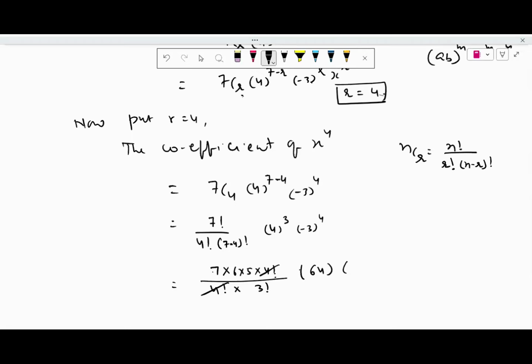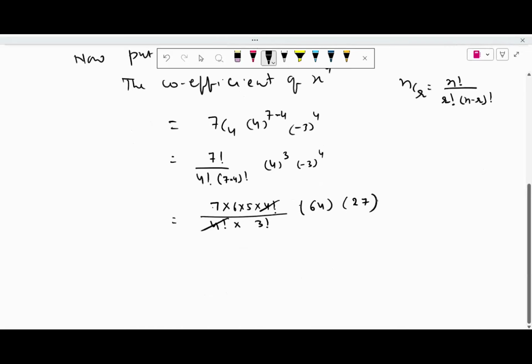It's positive 81. When we have an even power of a negative number, then it becomes positive. If the power of the negative number is odd, then it is negative. Otherwise, it is positive. So this will be 27.